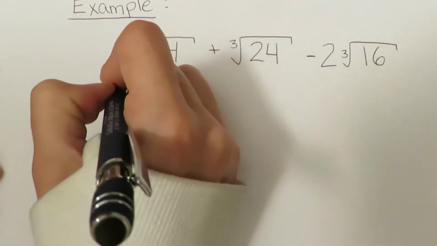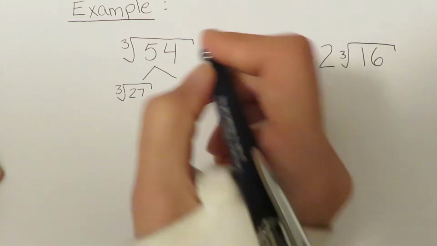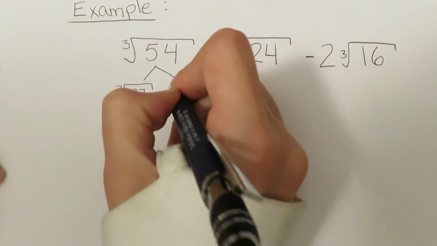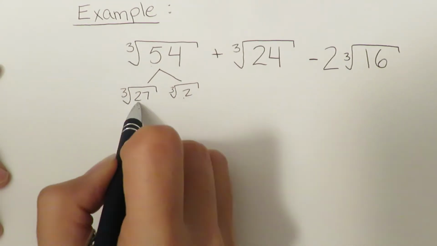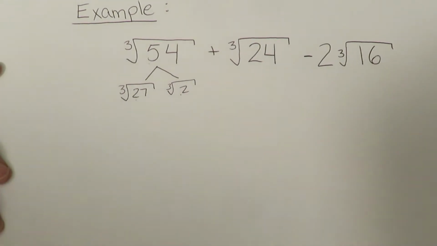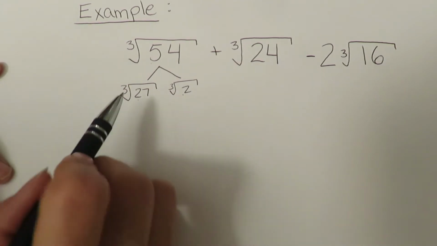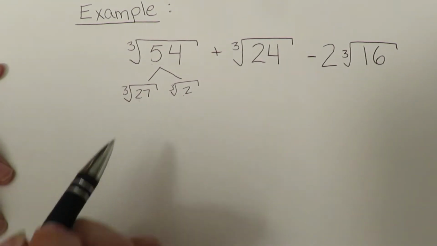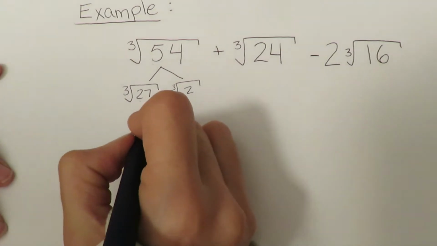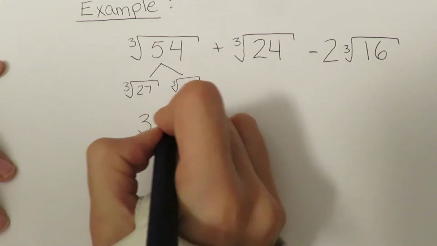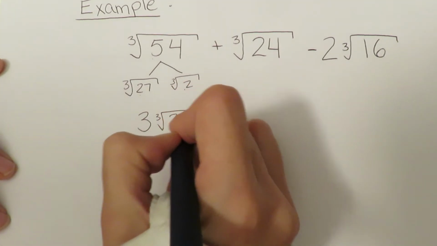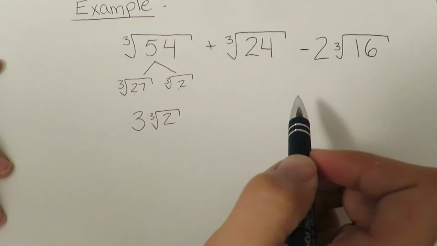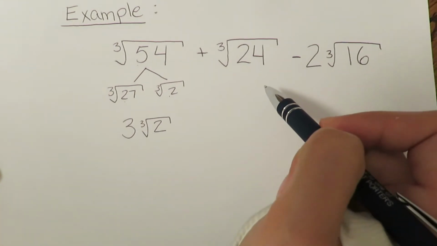So this is the same thing as the cubed root of 27 times the cubed root of 2, because 2 times 27 is 54. Now the cubed root of 27, I got 27 by going 3 times 3 times 3, so the cubed root of 27 is just 3. So I have 3 cubed roots of 2. 24, is there a cubed root that will come out of that?